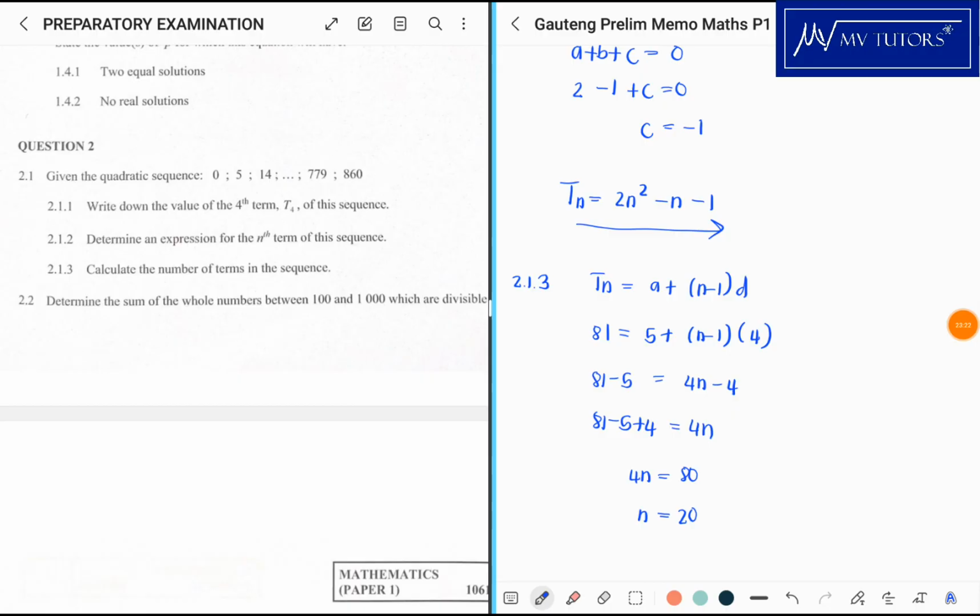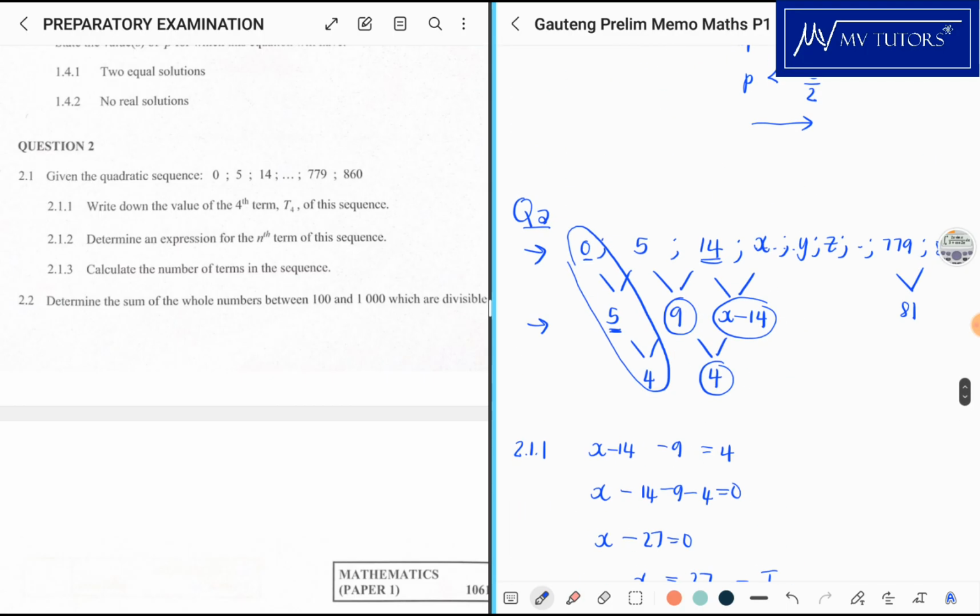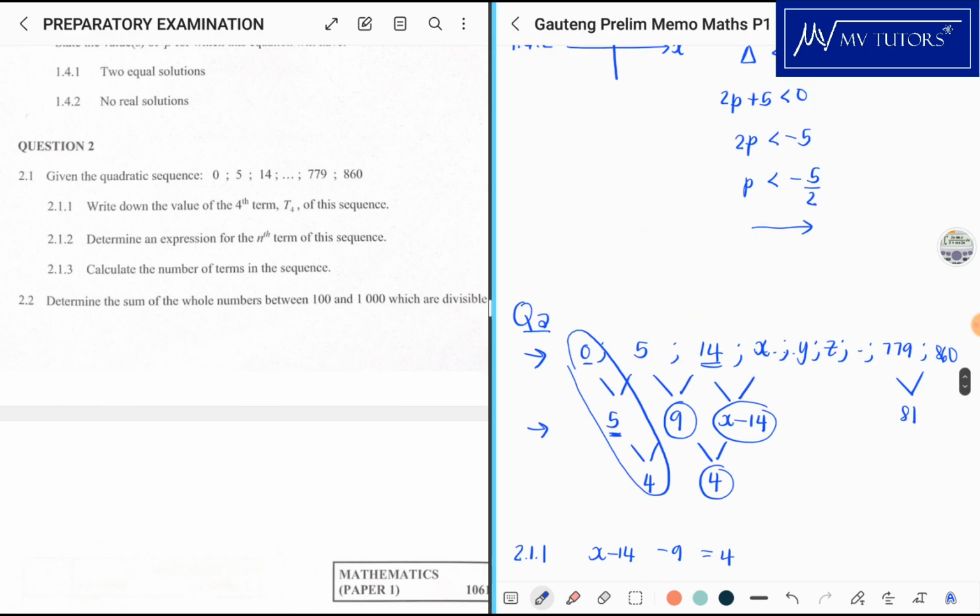So they didn't ask for the number of terms in the arithmetic sequence. They asked for the number of terms in the quadratic sequence. So if I have 20 terms for the arithmetic, it means I need to add one more in order to find out how many terms I have in the quadratic.